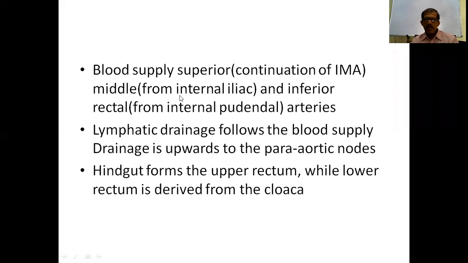That is the middle rectal, which is a branch of internal iliac, and the inferior rectal, which is a branch of internal pudendal artery. So these are twins, whereas this is only a single artery, the superior rectal artery, which is the major blood supply to the rectum.